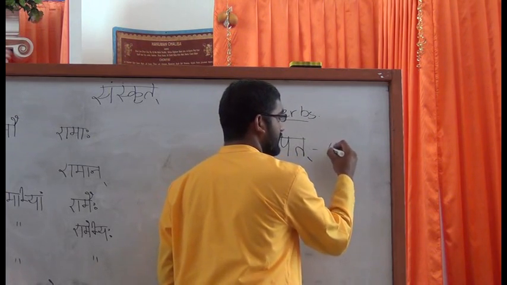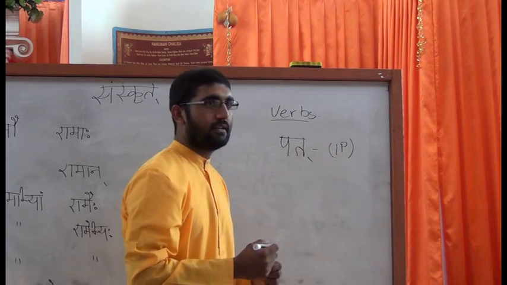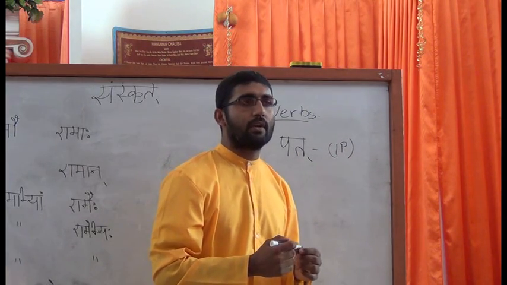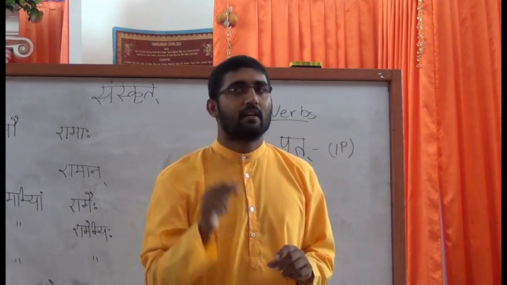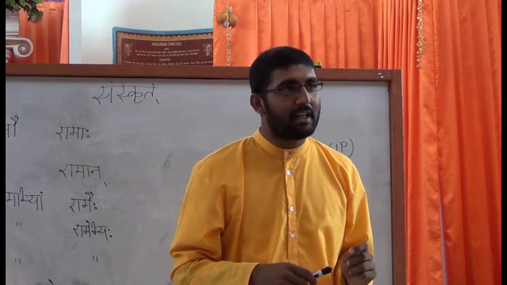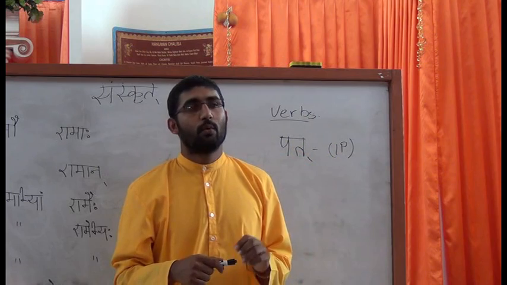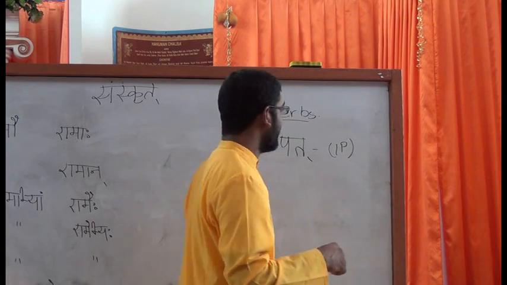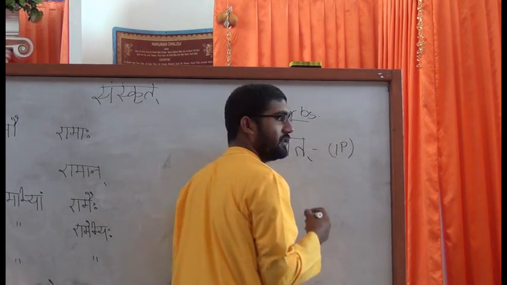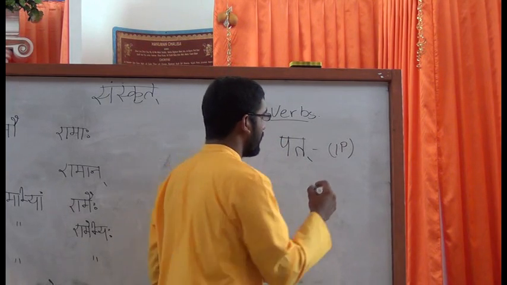I showed you this? Yeah? What does the A mean if I have one A? Very good. Atmanepada. And then the U. Ubhayapada. Very good. Right? So pat means what? The fall. Very good.